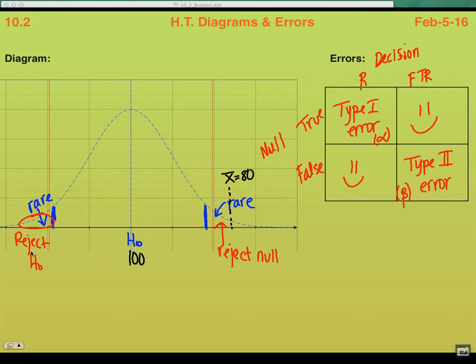Reject, right? It passed our rare standard. In the case where the null is actually true but I reject, this is a type 1 error. So this is the case where a type 1 error would occur.